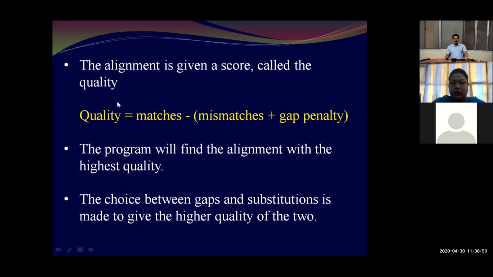Now you see, an alignment will give a score which will be called a quality, and the quality will depend upon matching and mismatching. Basically there are three aspects we will look into. One is the number of matches, that means how many nucleotides or amino acids, whatever the case may be, are identical in a particular position.